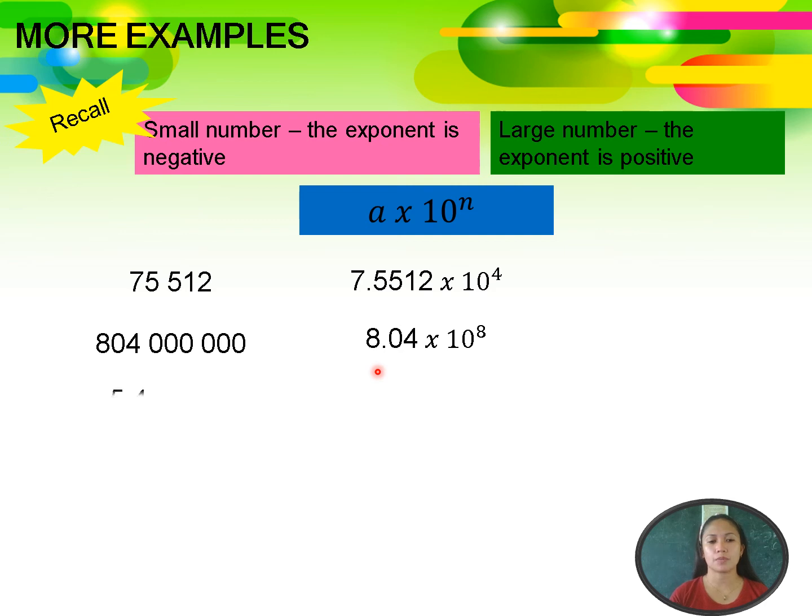Next, we have this example, 5.4. So we have here the first factor should be greater than or equal to 1 but less than 10. So we have here our decimal point. It already satisfies the condition.